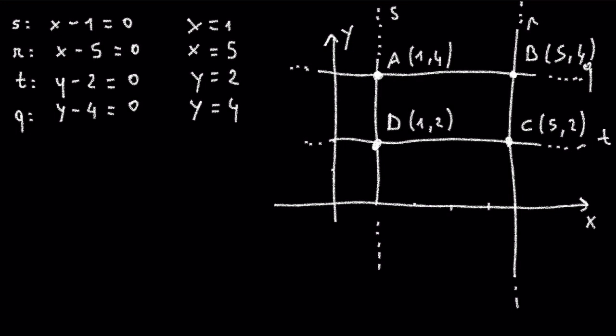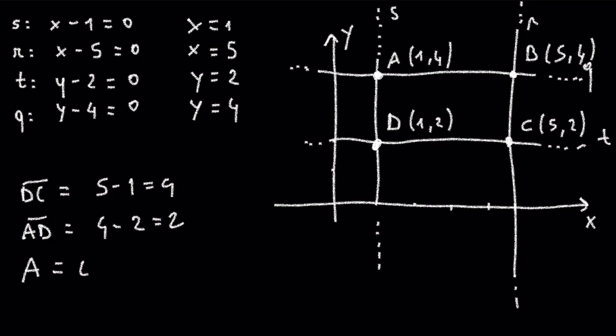The length of DC, which is the base, is the difference between the x-coordinates of points C and D, and therefore it will be 5 minus 1, while the height of the rectangle is the length of the segment AD, which is 4 minus 2, and this is the difference between the y-coordinates, and it equals 2.